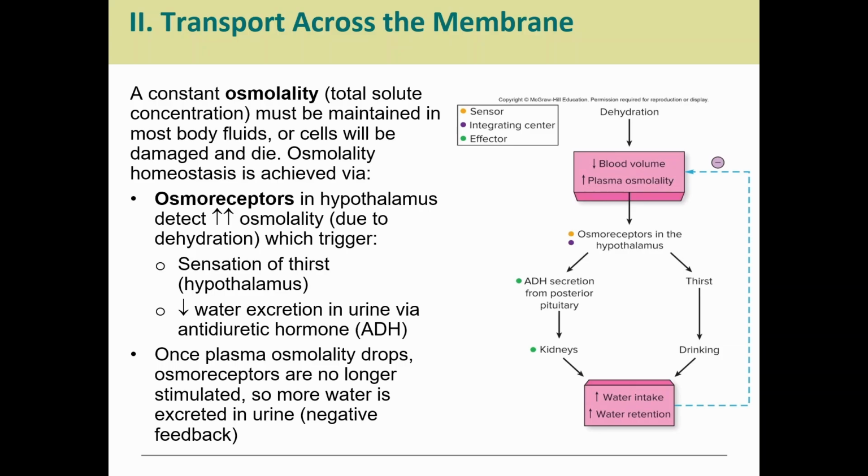So basically we're going to increase the intake of water as well as prevent the loss of water at the same time if we notice that the solute concentration is higher than it should be. Once the plasma osmolality, that solute concentration, drops back down, osmoreceptors are no longer stimulated, and so we don't feel thirsty anymore, right? And then we can go back to normal of letting water enter into the urine.